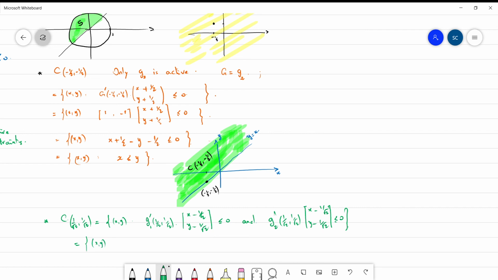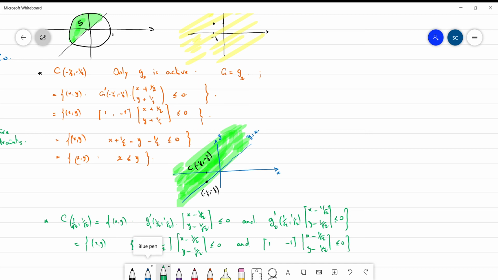The derivative of G prime is 2x, 2y, so it will be 2 over square root of 2, 2 over square root of 2, x minus 1 over square root of 2, y minus 1 over square root of 2, negative, and here we said it's 1 and minus 1, and x minus 1 over square root of 2, y minus 1 over square root of 2, negative.